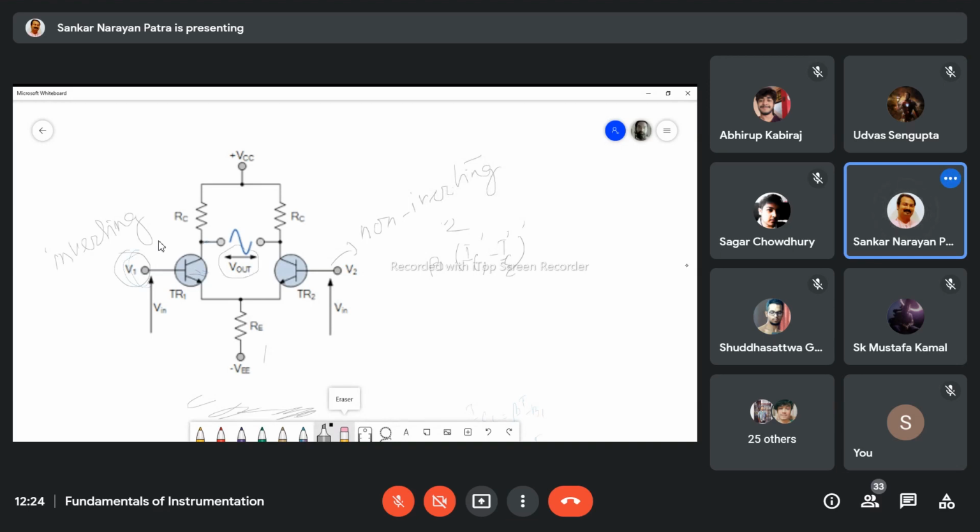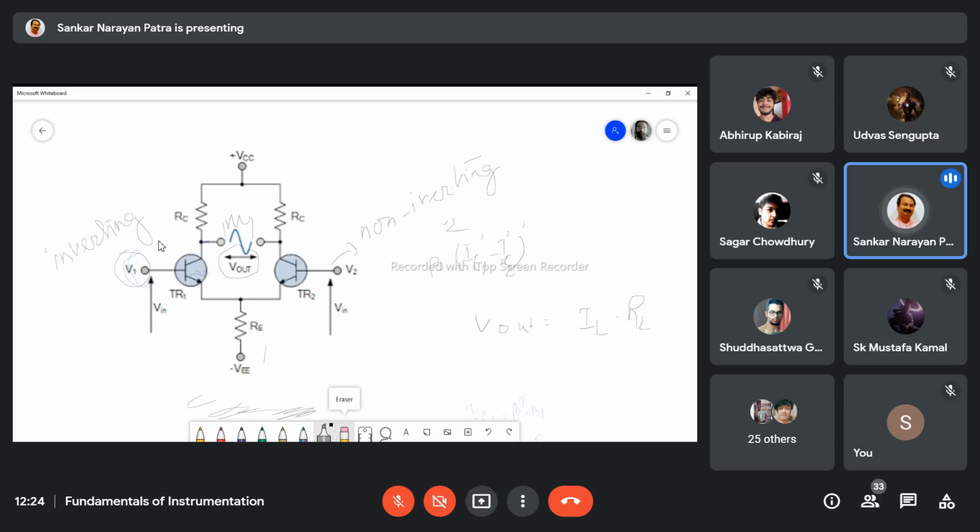From this circuit, the output voltage is definitely IL into RL. RL is a resistance. Any doubt? The output will be IL into RL. Any doubt? No, sir. Awesome.